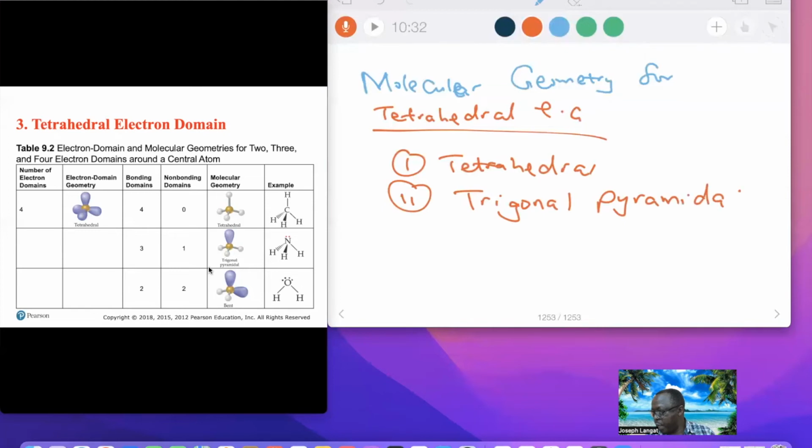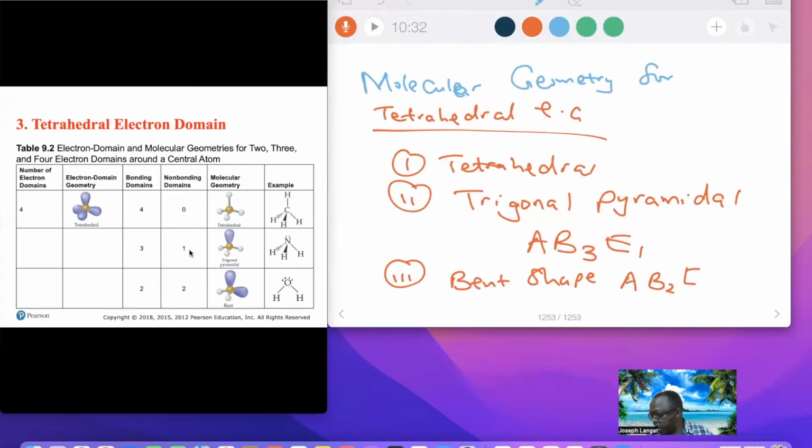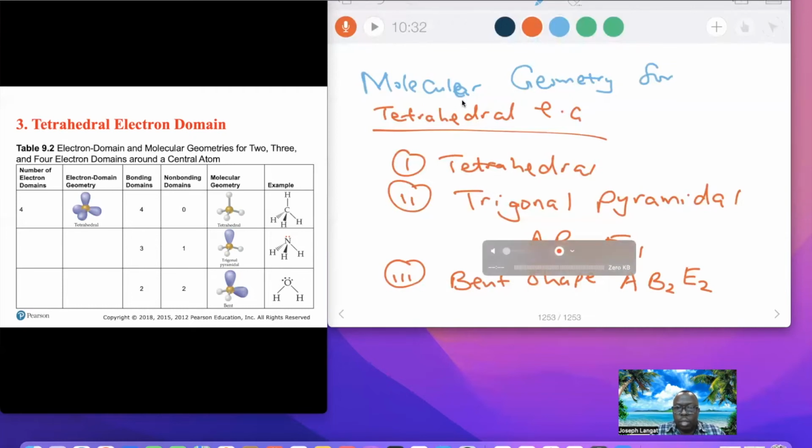That means if you have an AX3E1, that means there is a lone pair of electrons, or it could be bent shape, which equals AX2E2, okay. Those are the molecular geometries for 4 domains of electrons.